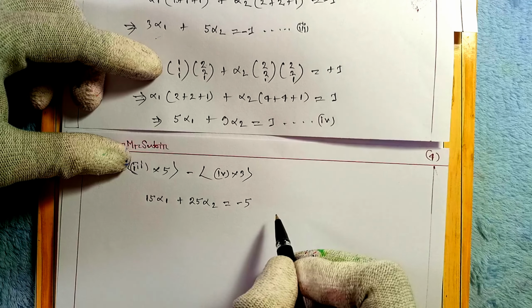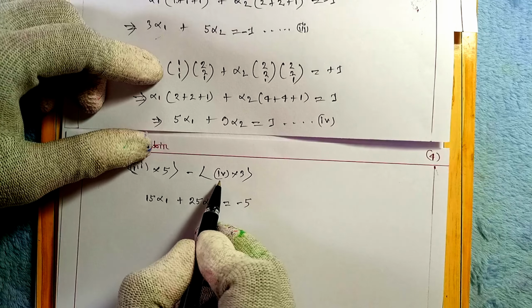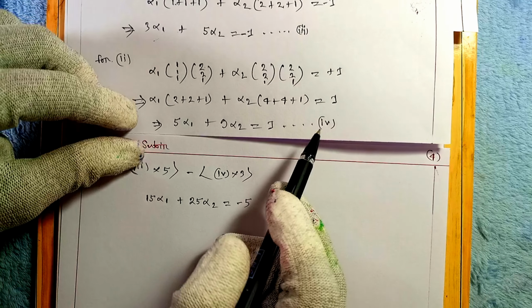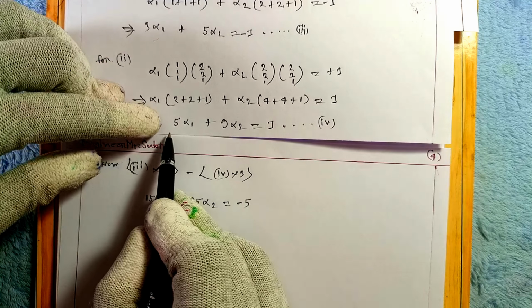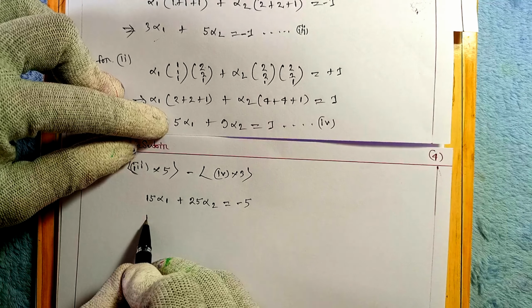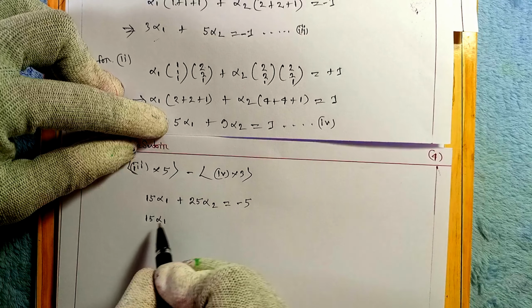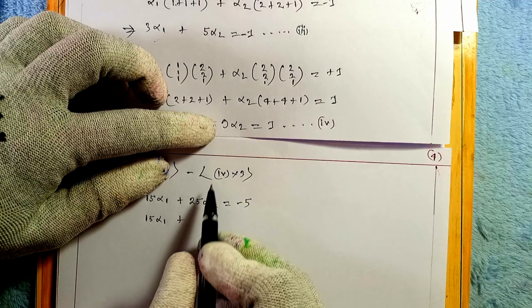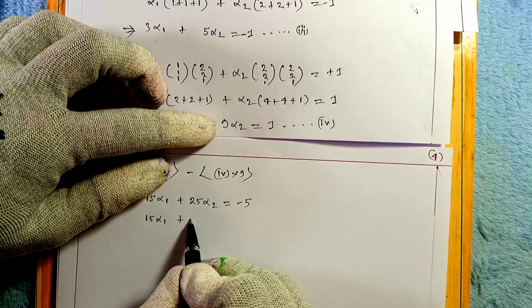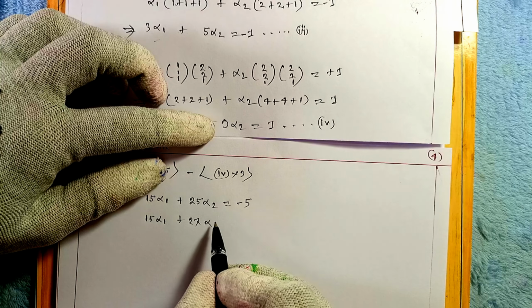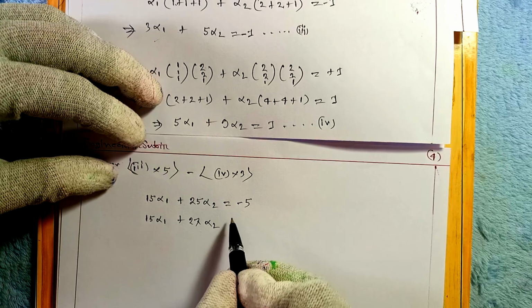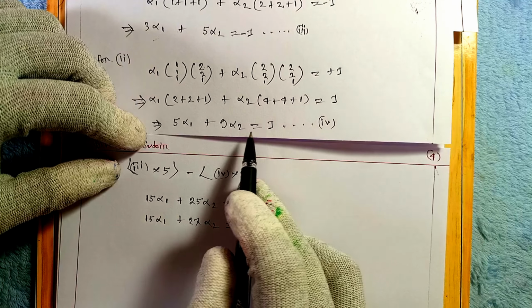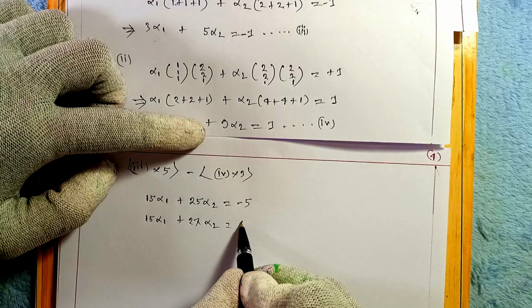and equation number 4 we have to multiply with 3, that is 15 alpha 1 plus 27 alpha 2, and again we multiply the right side with 3, that is 3.